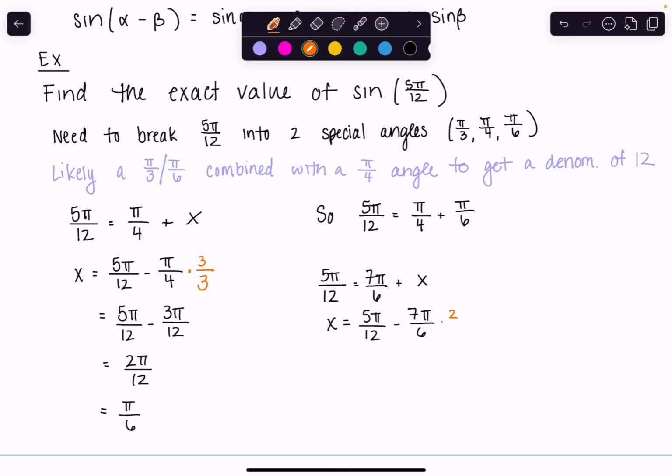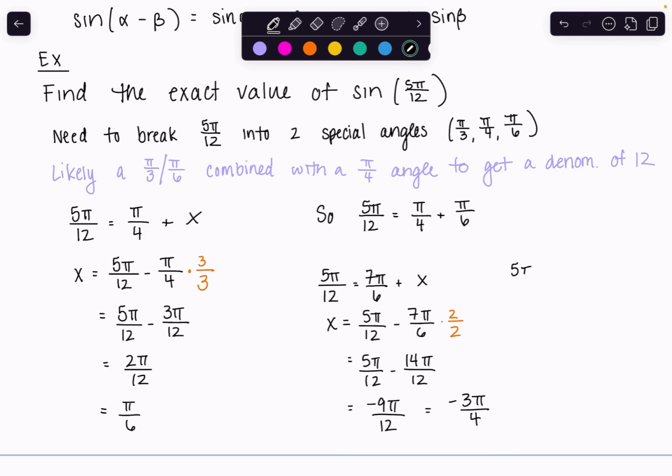To find that common denominator, multiply by 2 over 2. So that's 5 pi over 12 minus 14 pi over 12. 5 minus 14 is negative 9, so this is negative 9 pi over 12. And then that does simplify, both are divisible by 3. So you get negative 3 pi over 4. And that is an angle I do know how to work with.